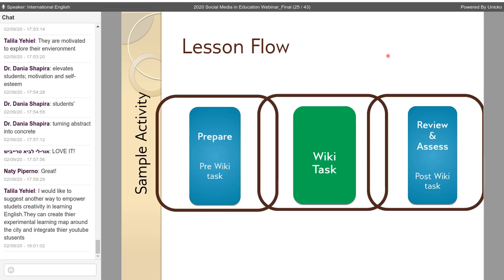In other words, for this wiki task to be successful, it must be accompanied by a prepare activity where we prepare students for the wiki task, and a review and assess stage where we assess students on their project.